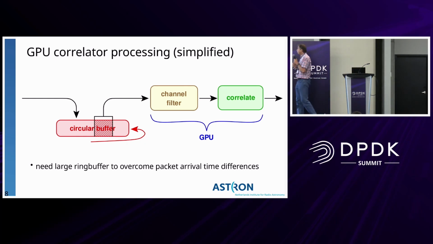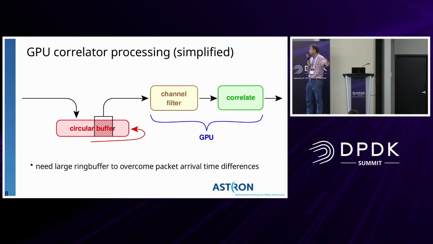So this is a simplified overview of what happens in a GPU correlator system. On the left you see the packets arrive, and they first have to be buffered in a circular buffer, for many reasons, but an important reason is that the telescopes can be quite far apart.